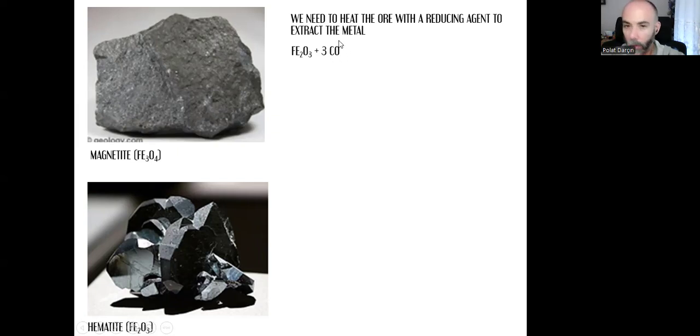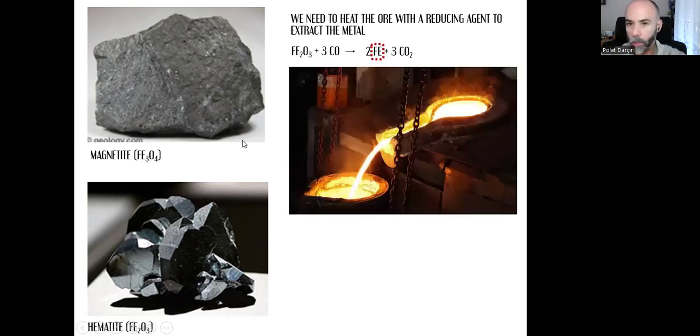We will have this carbon monoxide, and again, with the help of the heat, there will be a chemical reaction between hematite and carbon monoxide. We will have carbon dioxide and free iron atoms. That's what we want to achieve.